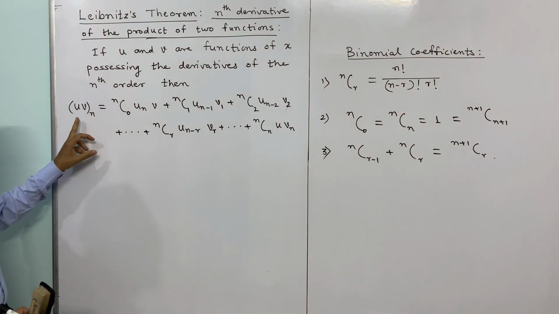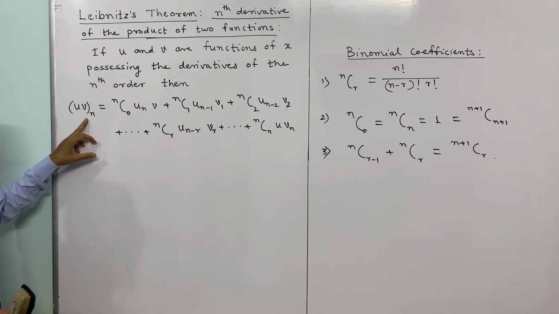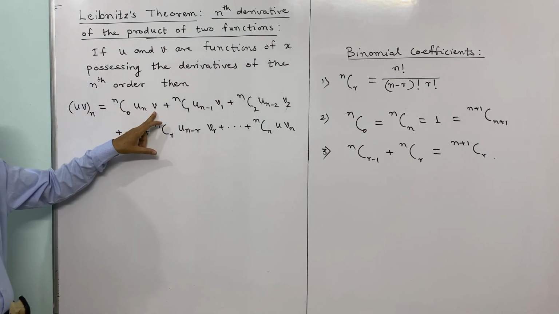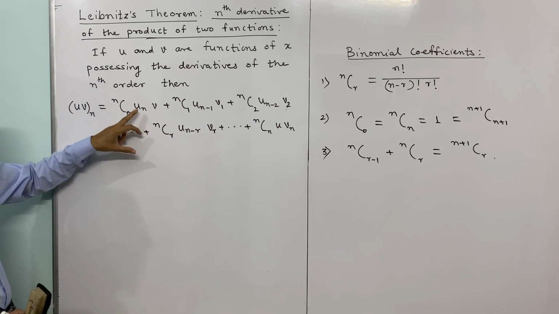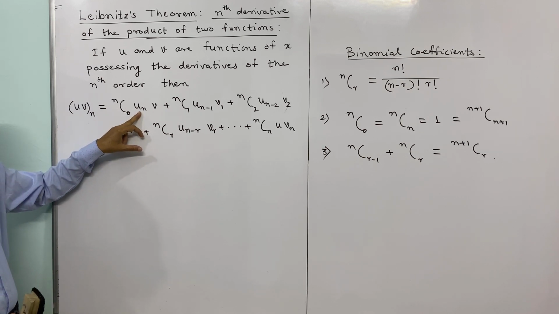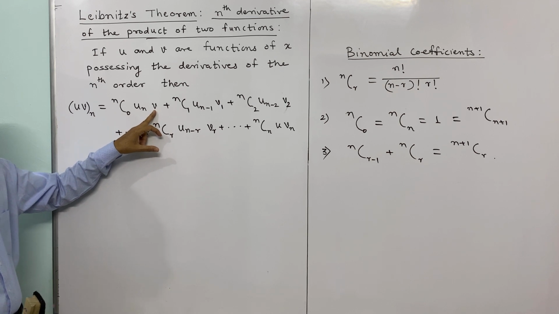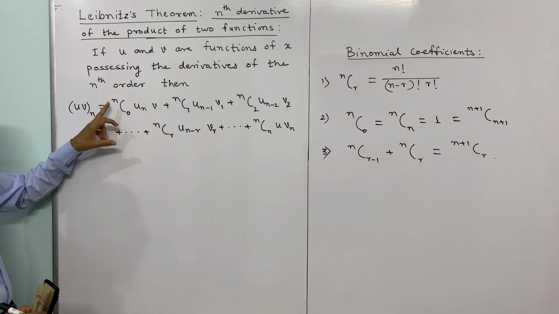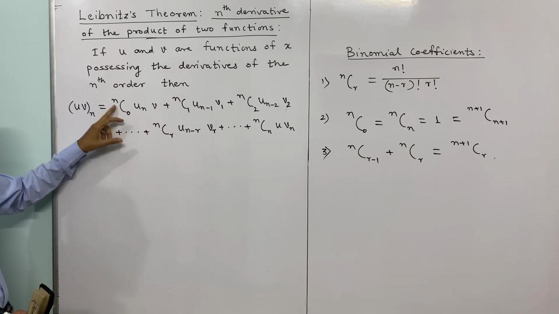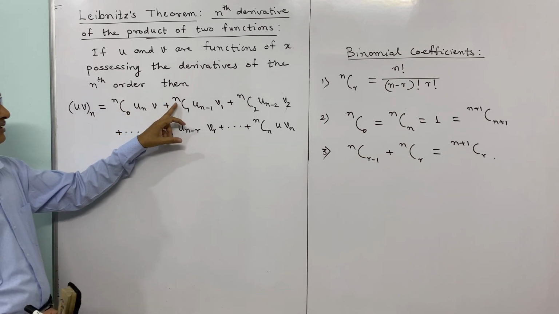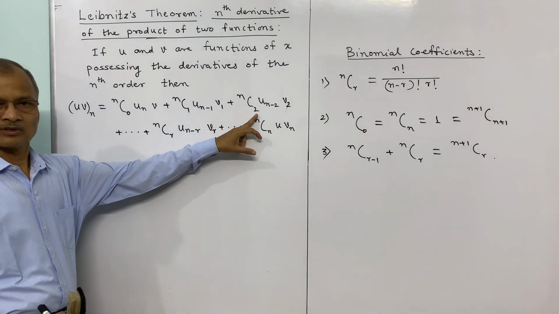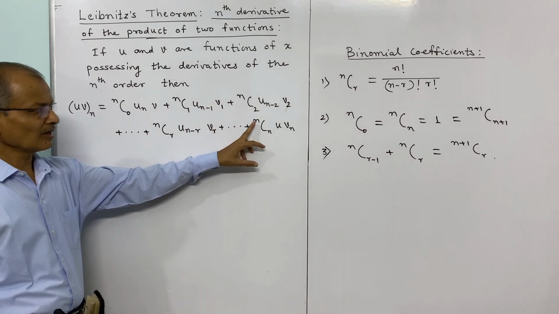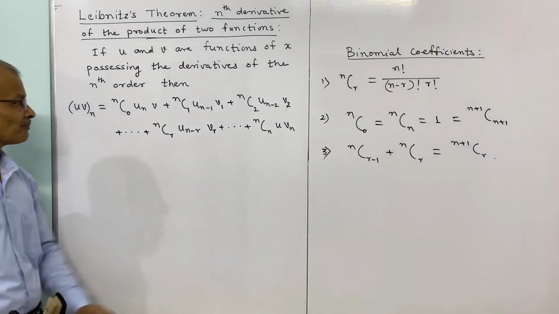Now you may observe that in the nth derivative of u into v, there are three parts in each term. First is the binomial coefficient, second is the derivative of u, and third is v or a derivative of v. The binomial coefficients are written like this: n choose 0, n choose 1, n choose 2, and so on, n choose r, and last is n choose n.